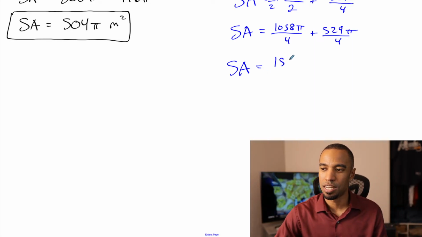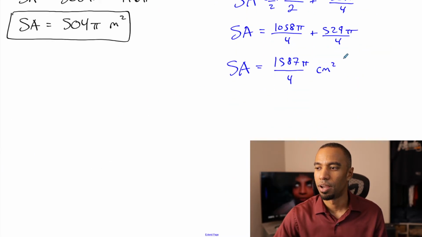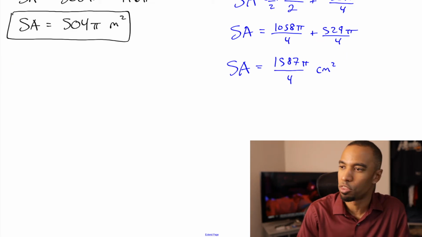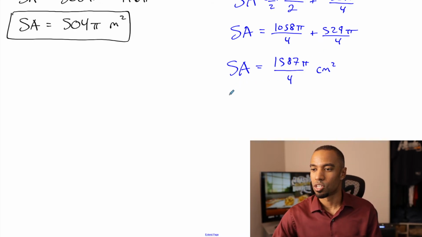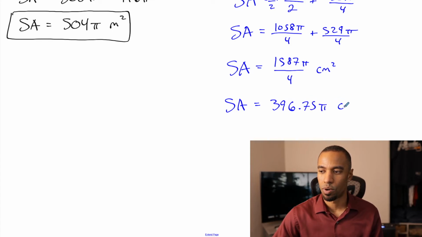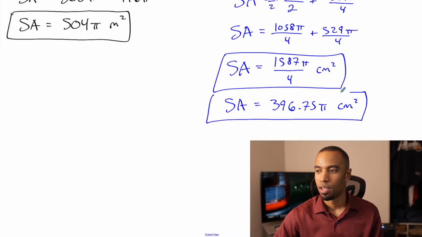So 1587 pi over 4 square centimeters. As a decimal, it'll have a 0.25, it'll be 0.75, so it's also 396.75 pi square centimeters.